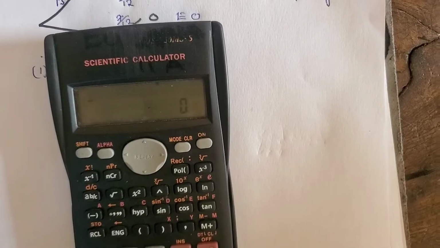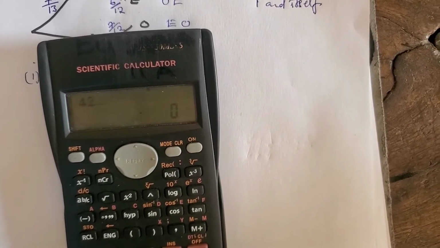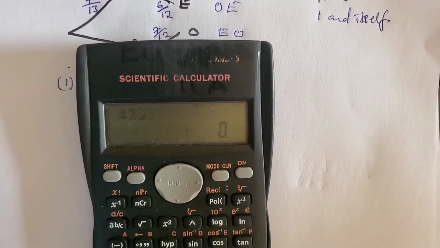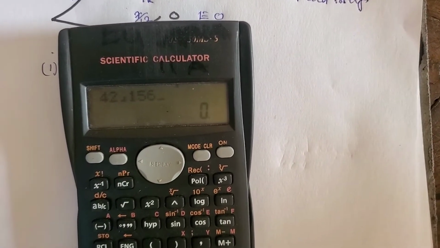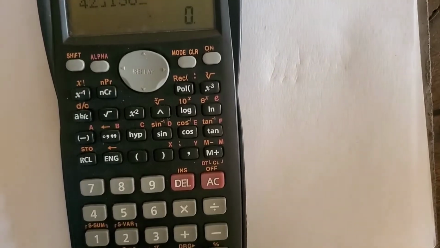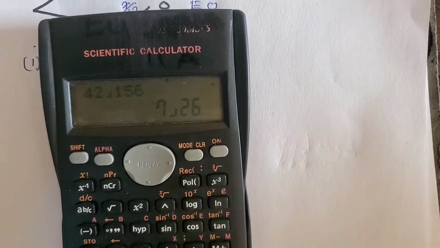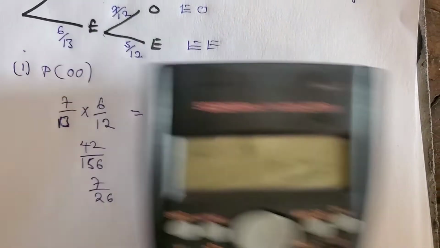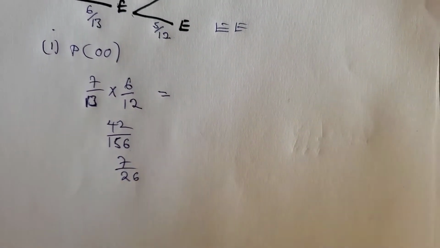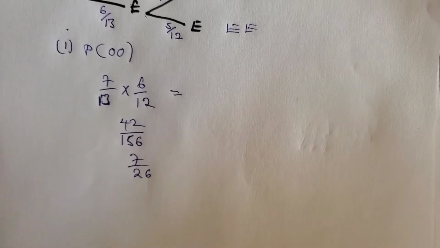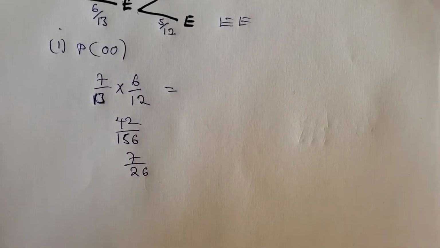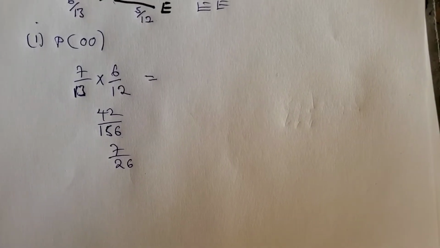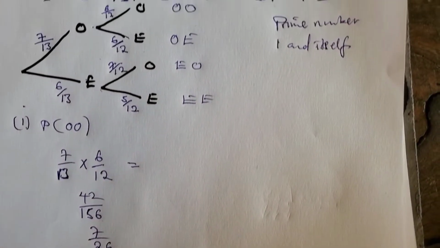On the calculator you can punch 42 over 156, then equals, so it has been reduced to 7 over 26 directly. So don't stress yourself. You're using a calculator, punch everything on the calculator so that you save time.